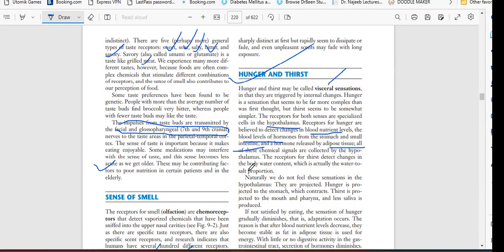So if they detect a deficiency, it will give a sensation to the stomach. It will not directly give sensation to the brain, but it will give sensation to the stomach. From the stomach, the sensation reaches the brain, and the brain will realize that you need food to eat.